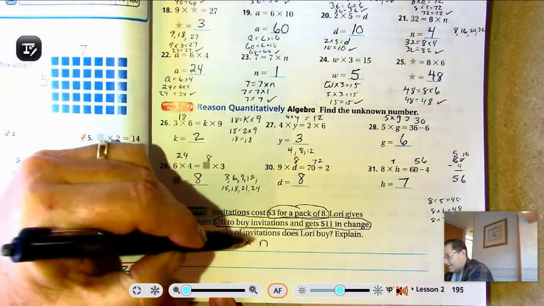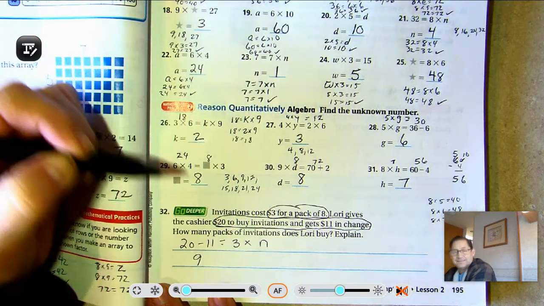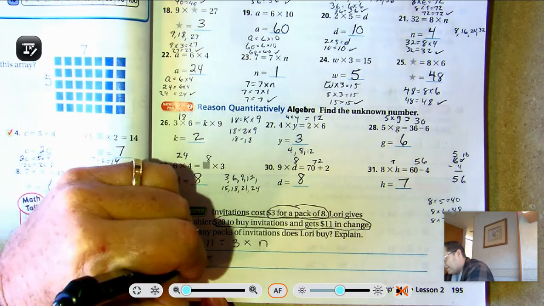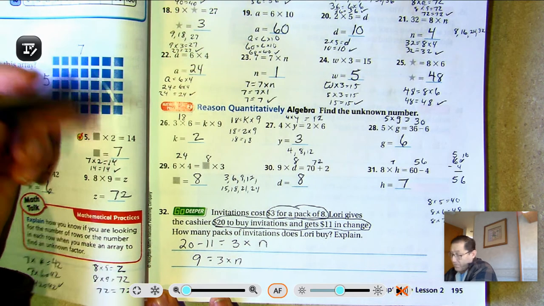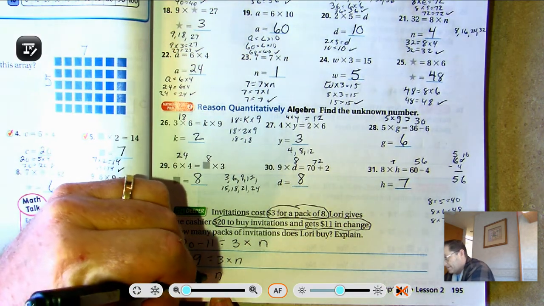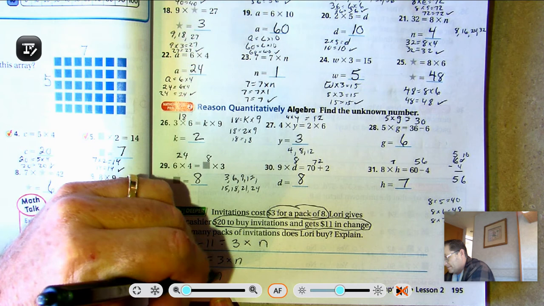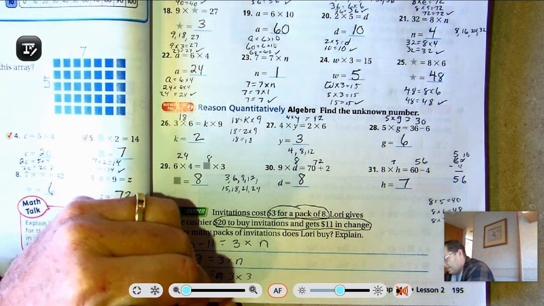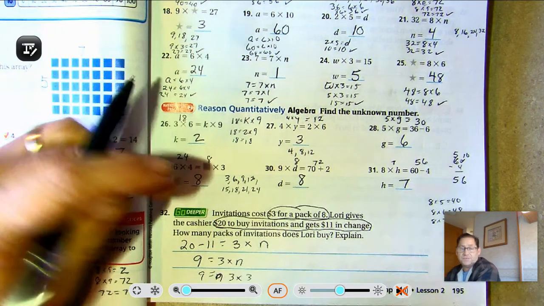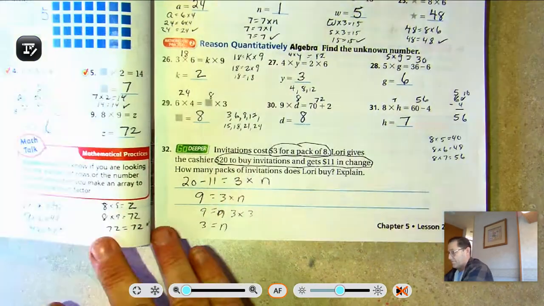So 20 take away 11 is 9. 9 plus 11 is 20 equals 3 times something. 3, right? 3 times 3 equals 9. So n equals 3. She bought 3 packs.